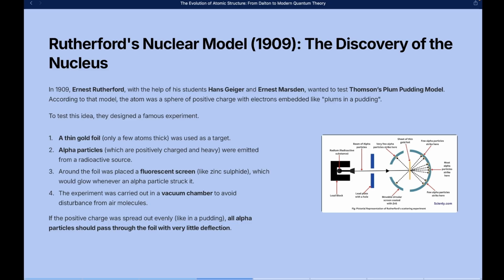In 1909, Rutherford, with the help of his students Geiger and Marsden, wanted to test Thomson's plum pudding model. According to that model, the atom was a sphere of positive charge with electrons embedded like plums in a pudding. To test this idea, they designed a famous experiment.